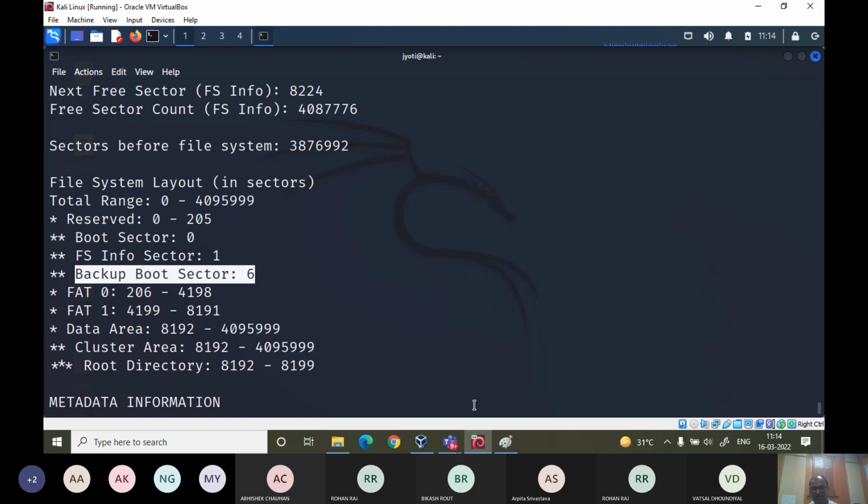If there is any difference, the system starts giving you a message that the file system is inconsistent. You need to check your file system.